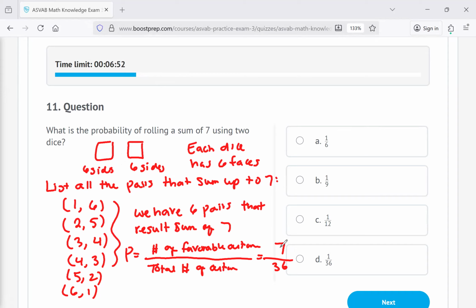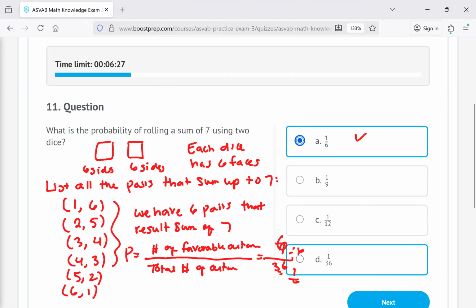So we have 6 out of 36, which can be reduced by 6, and that gives you 1/6. So that would be letter A. That was a little tricky, a little bit difficult one.